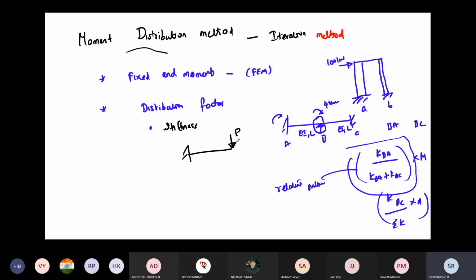Now can you calculate the stiffness of this beam? What is the stiffness of this member? Cantilever beam, very simple one. How will you calculate?